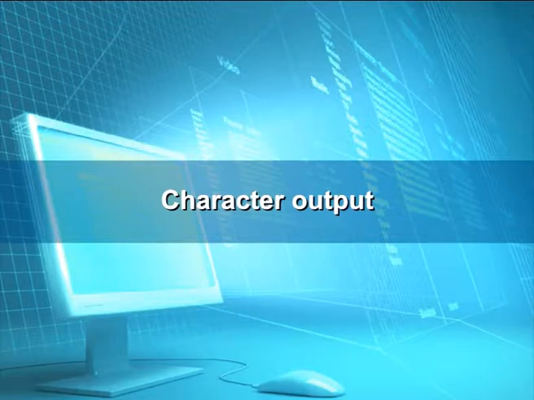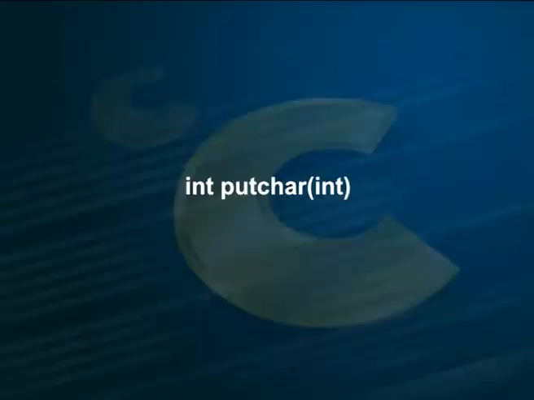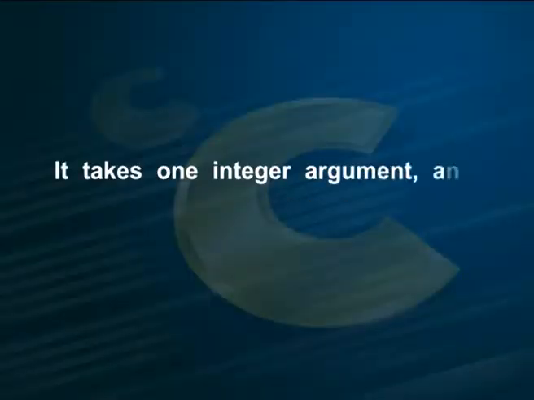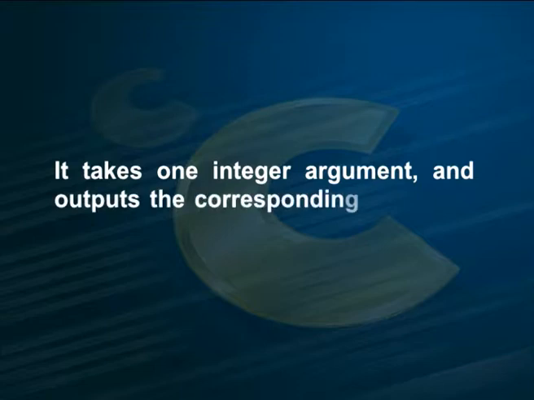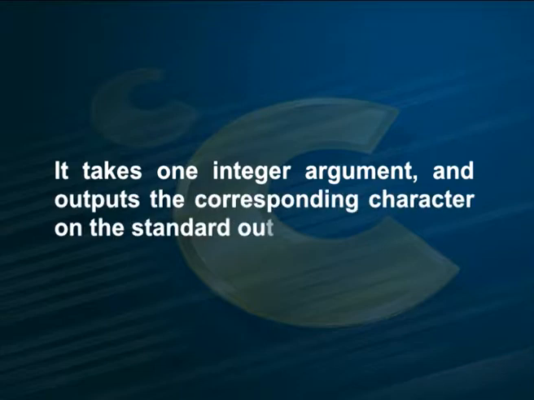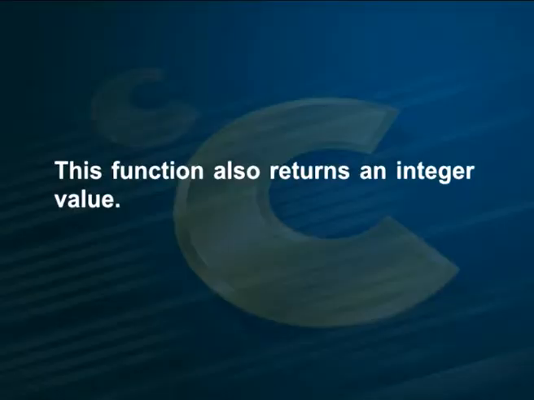Character output. In the last section, we saw how the putchar function is used. It is the fundamental output mechanism in C. The prototype is int putchar(int). It takes one integer argument and outputs the corresponding character on the standard output device, that is the monitor by default. This function also returns an integer value.